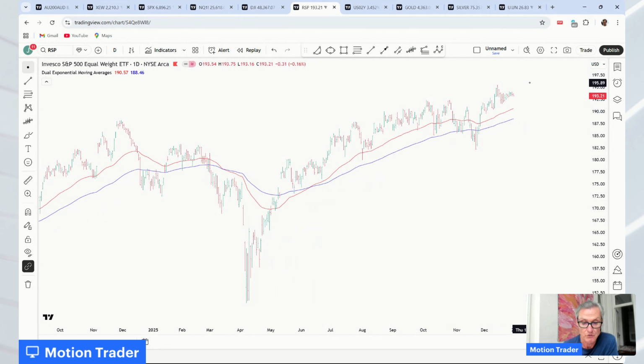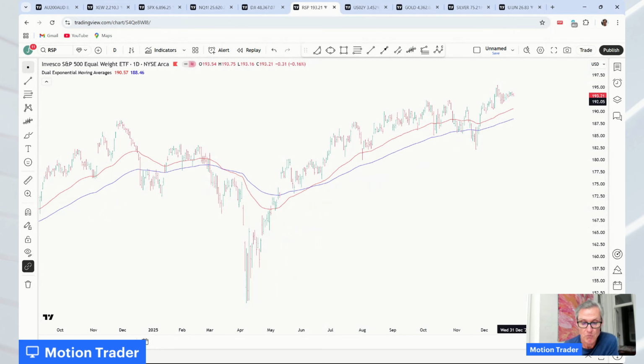But the overall technical structure remains positive, and this remains a bullish trend until we get a situation where price is below moving averages and the moving averages are turning and price is breaking lower. That, I think, would take a bit of time to set up. It's not the situation we currently have.